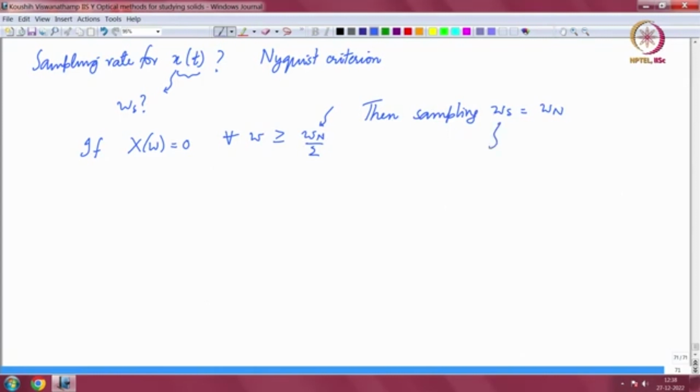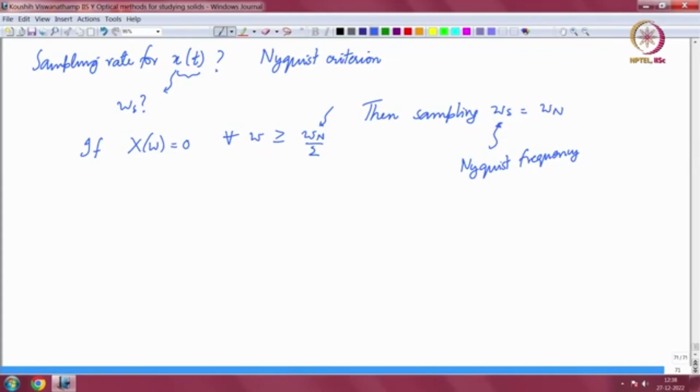This is called the Nyquist frequency. And this tells you really that you need at least 2 samples per cycle of the fastest changing frequency in your signal. That is basically what the Nyquist criterion says.